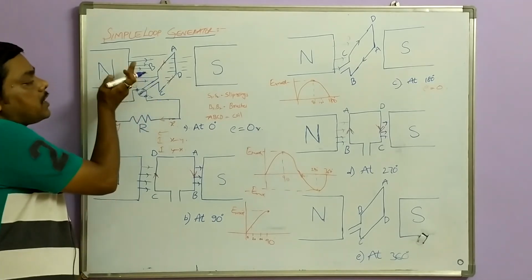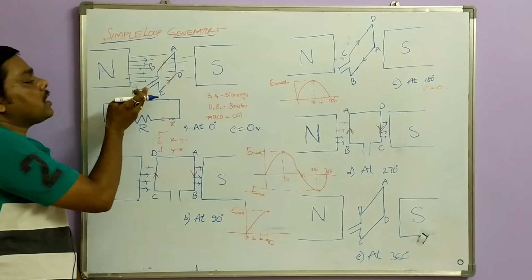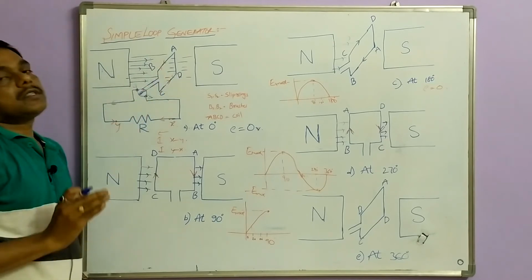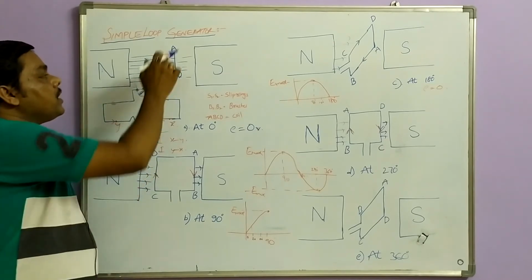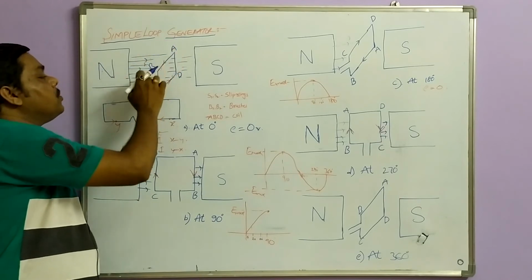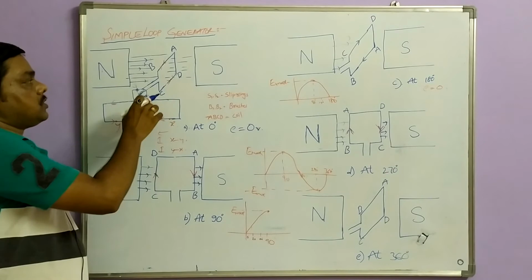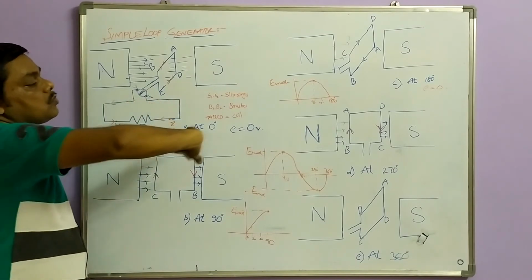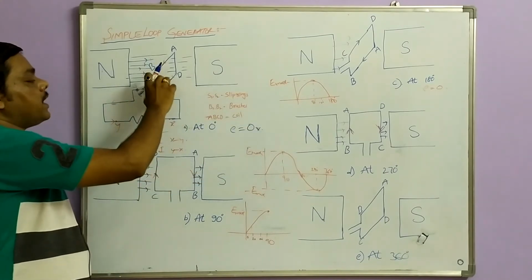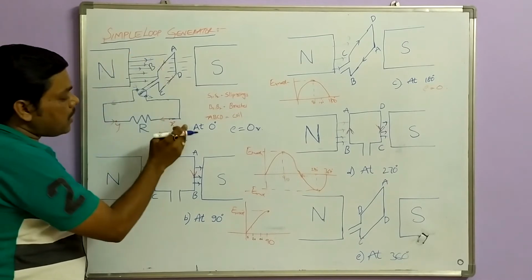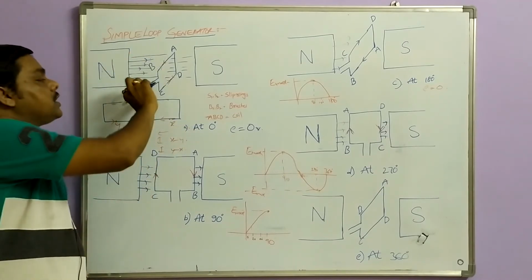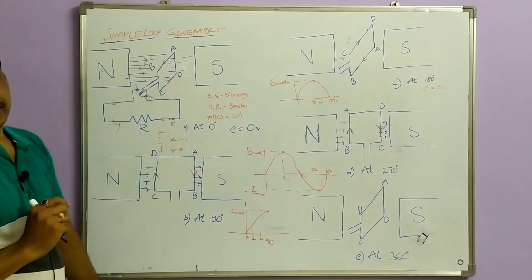So this portion is connected to the AB conductor and this portion is connected to the CD portion. So when the current is flowing from A to B, it is in contact with your X to Y portion. Similarly, when it is moving into the 270 degrees direction, the same current will flow by this split ring action.